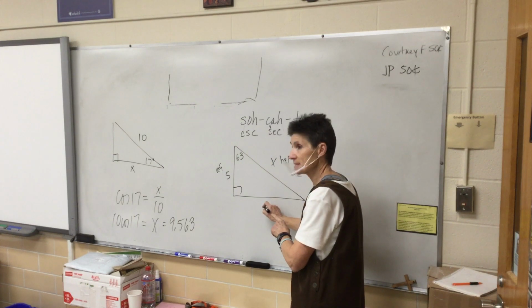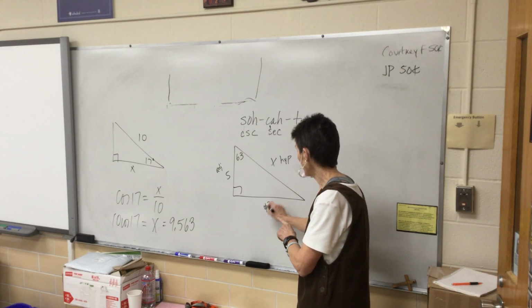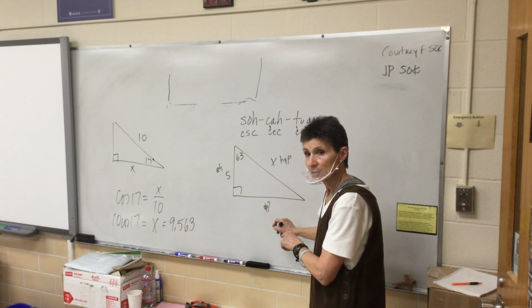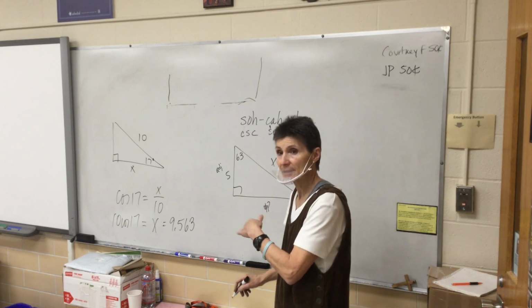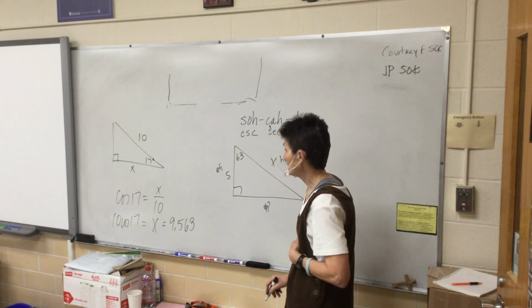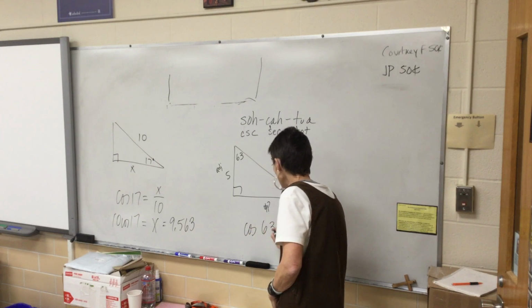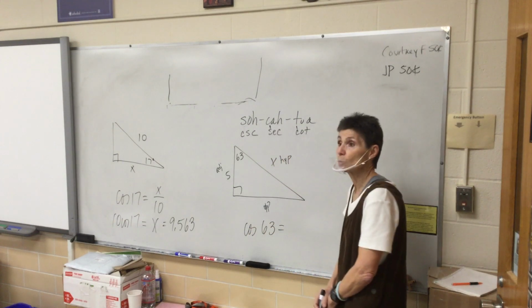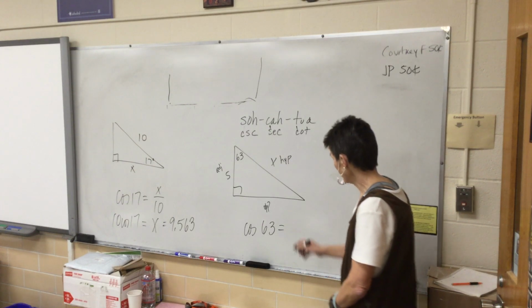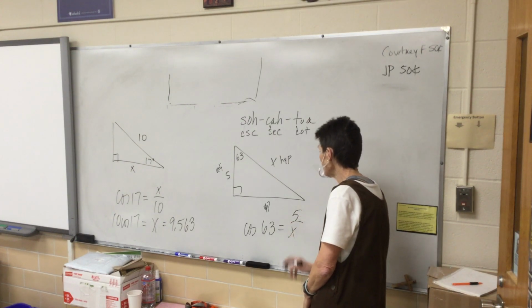Wouldn't this be the opposite side down here? I don't know anything about the opposite side, so I can't use sine. I'm going to have to use cosine again. So it'll be cosine 63 equals what? 5 over x. Adjacent over hypotenuse.